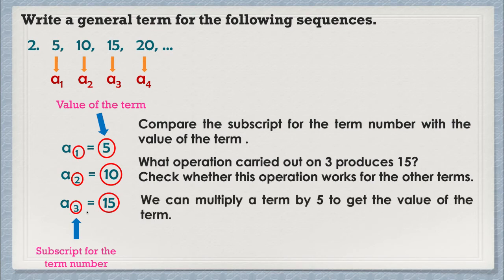Now notice that we can multiply a term by 5 to get the value of the term. So if you multiply 3 by 5, you get 15. We check that with 2. 2 times 5 is also 10. 1 times 5 is 5. Therefore, the general term here, as you can see, the rule applies to all the terms, meaning we will multiply 5 to the subscript.